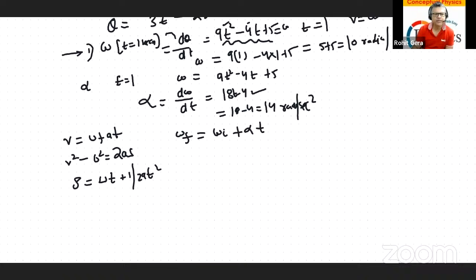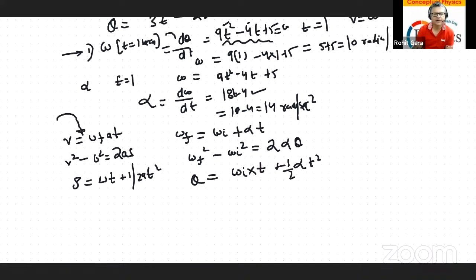Omega final square minus omega initial square is equal to 2 alpha theta. Theta is equal to omega initial into t plus half alpha t square. So you can see we have three equations of motion for uniformly accelerated linear motion.